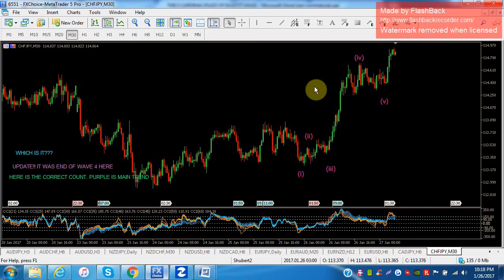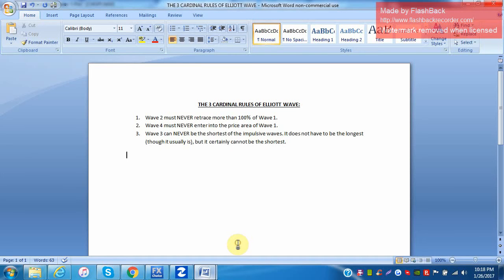So this is how I see this. So here's wave 1, wave 2, and then we've got 3, and then we've got 4, and then we've got 5.